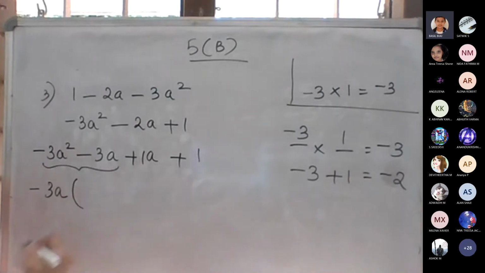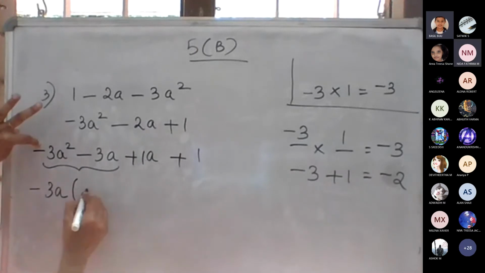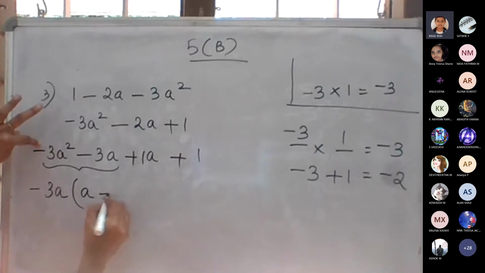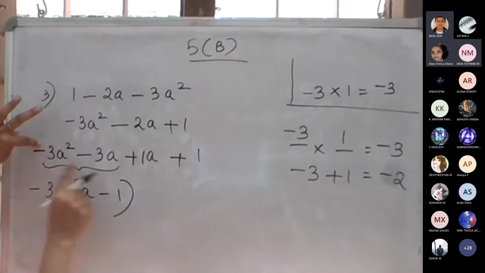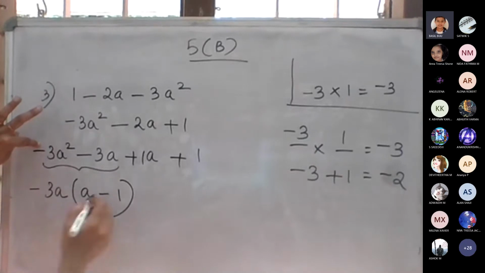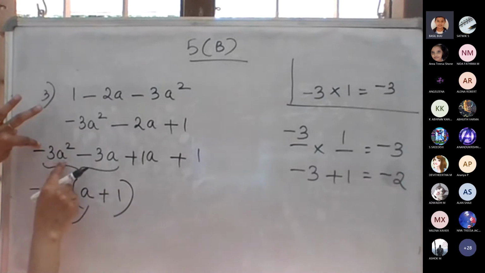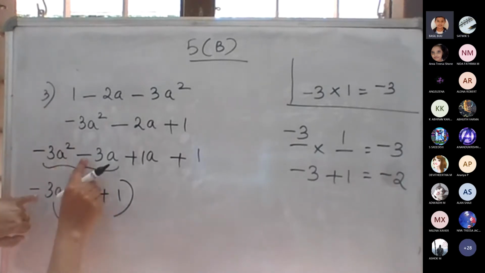Okay. Then balance. We have a minus 1. Is it a minus 1? Check it. If you change the bracket, you want to get a plus 1. Then negative 3a into a is negative 3a square. Negative into positive is only negative.